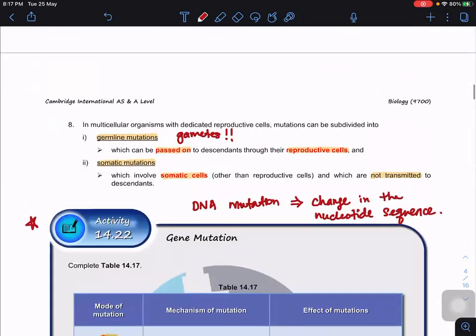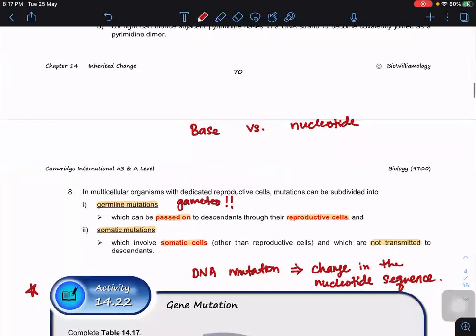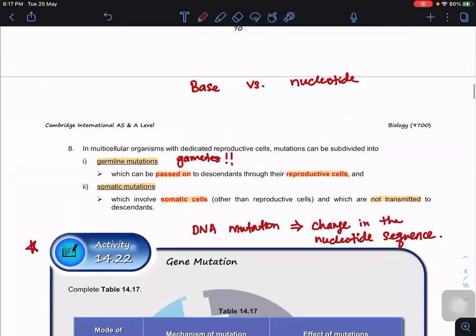Are you clear? So what's the difference between the base versus nucleotide? Then you understand why we say change in the nucleotide sequence rather than base sequence. Because during DNA mutation, we actually change the nucleotide. If you look at the structure, I'll use a different color to show you. DNA consists of deoxyribose with the phosphate group.